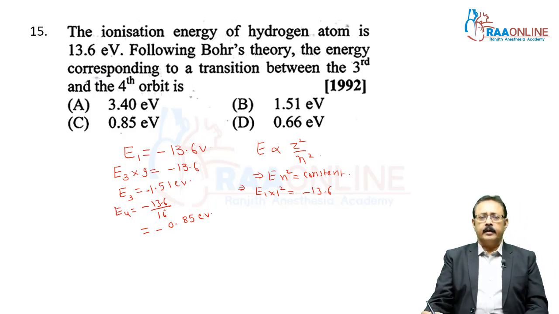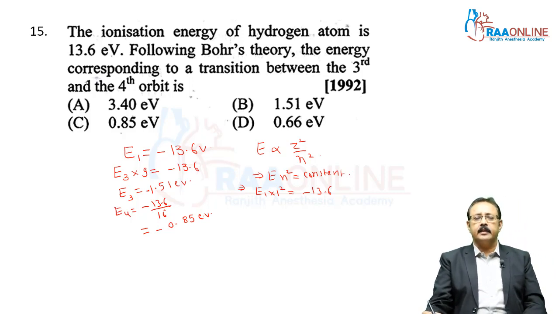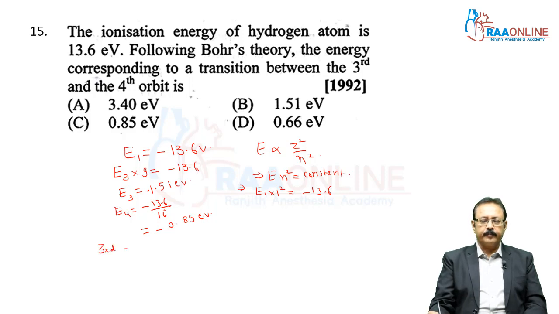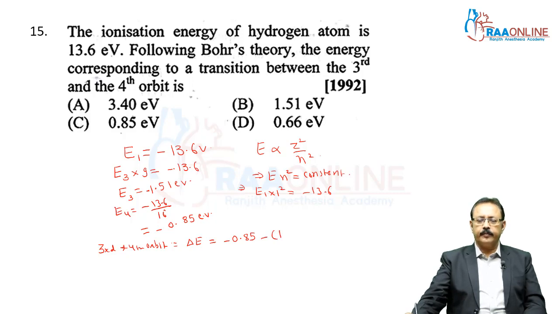So the transition between third and fourth orbit should be the difference of the energies of the third and fourth orbit. Delta E should be minus 0.85 plus 1.51.